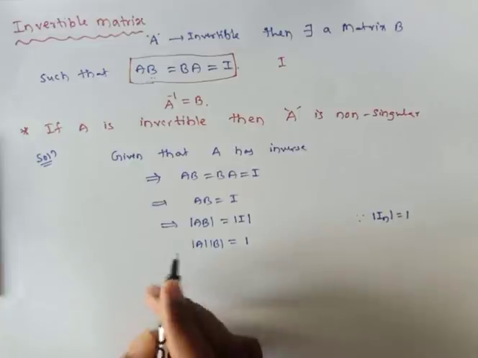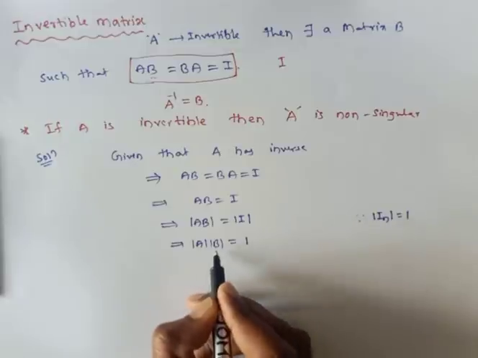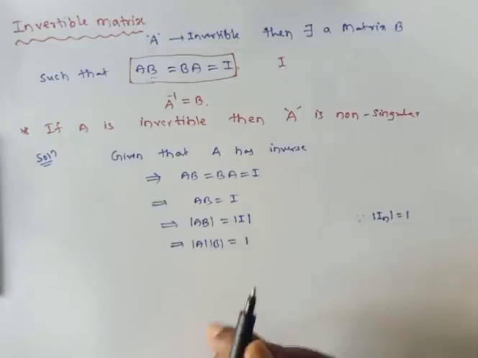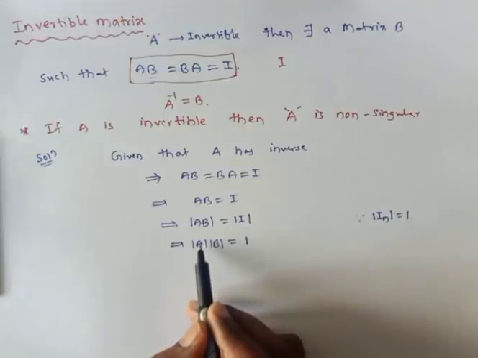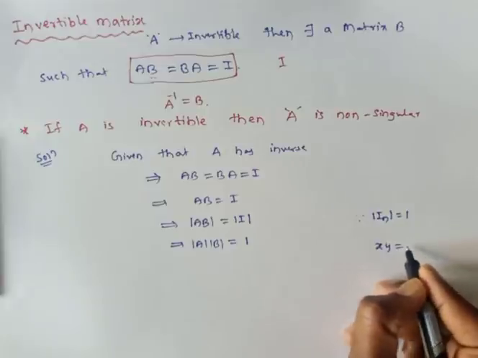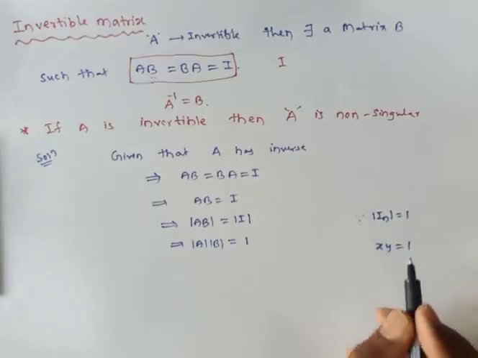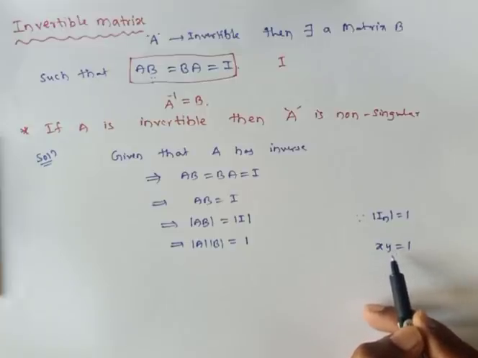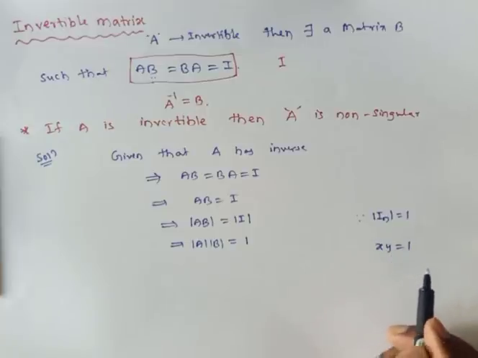Now see here itself it says det A into det B is 1. So already we know the determinant of any matrix is nothing but a number, right? So these two things are like x into y is equal to 1, right? Here x into y equals 1 means x and y cannot be equal to 0.